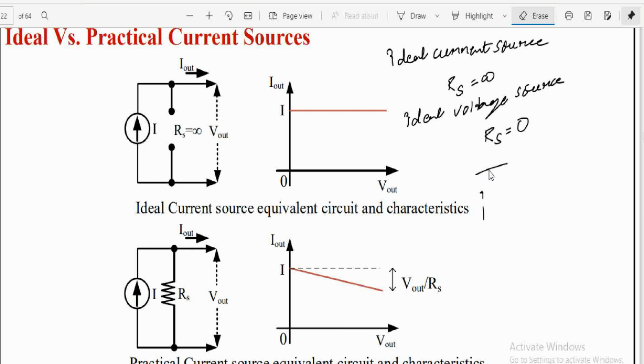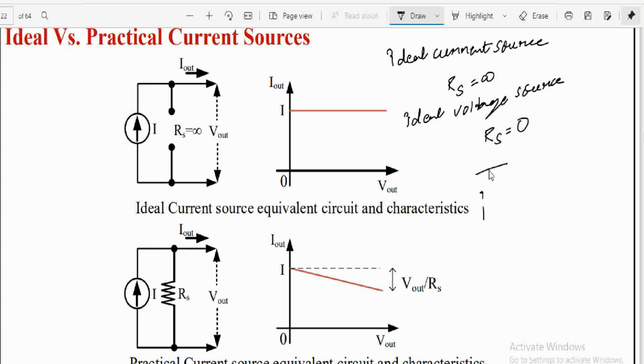Okay. So for ideal current source, equivalent circuit and characteristics. This is your ideal current source and this is your practical current source. For a practical current source, Rs, the internal resistance, is connected in parallel, and it has a non-infinite value. Because of this, the current is divided. For an ideal current source, I is constant.